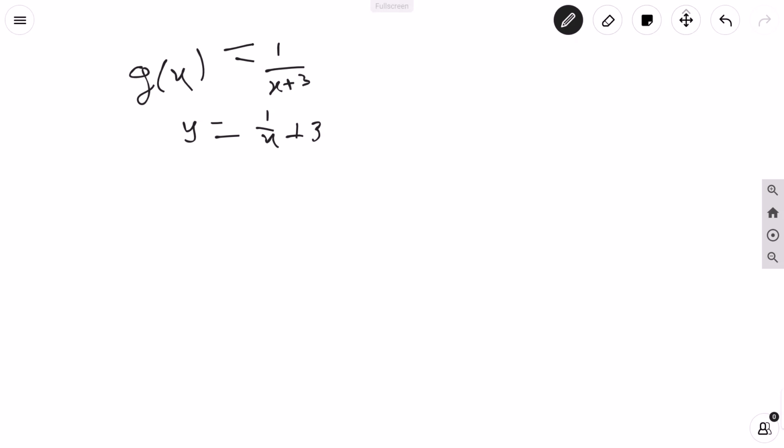The first thing I'm going to do is take 3 over here. So it becomes y minus 3 equals 1 by x. Now I'm going to make this x equals 1 by y minus 3.